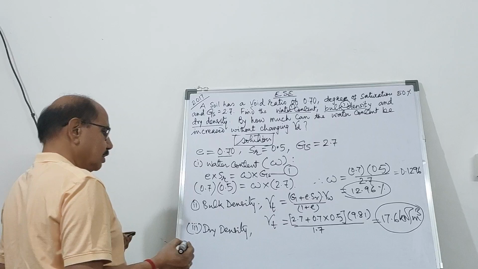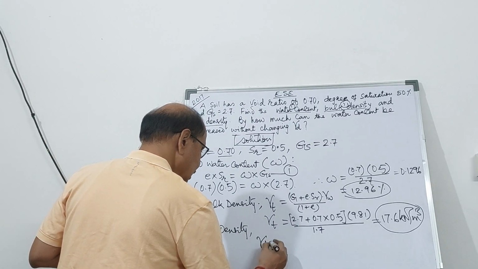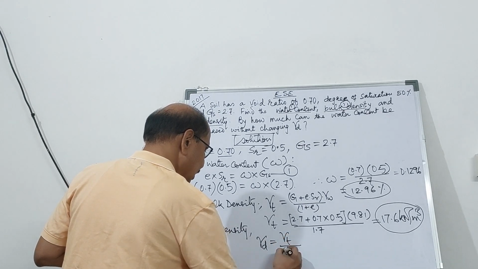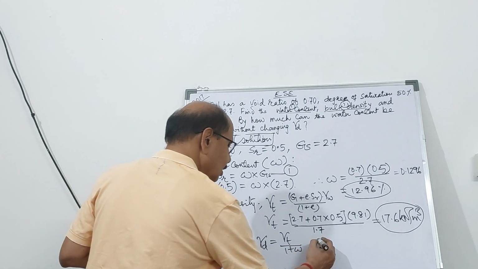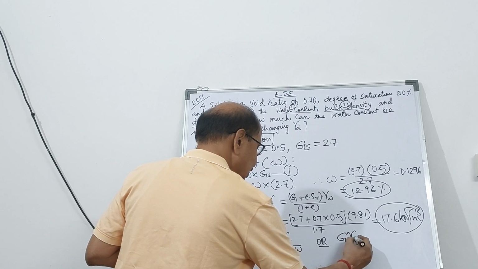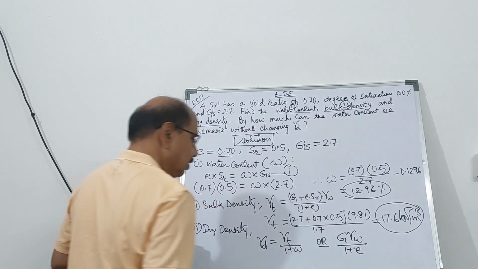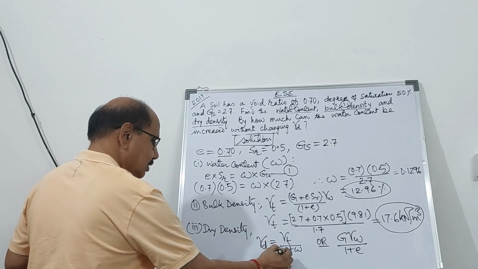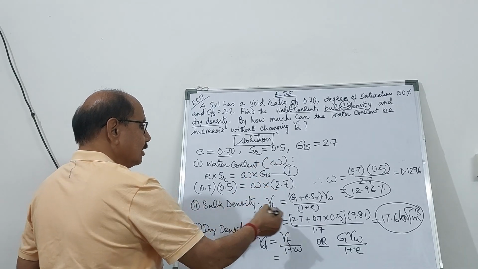The dry unit weight gamma D is gamma T divided by 1 plus moisture content, or we can use G gamma W divided by 1 plus E. Either way you can calculate. So gamma T is already known to us, and moisture content we have already calculated as 12.96%.